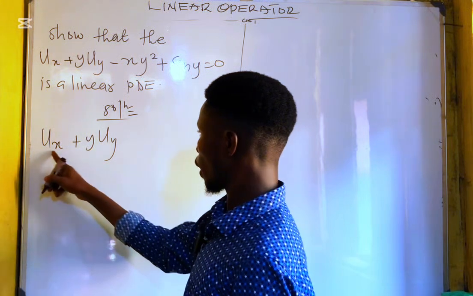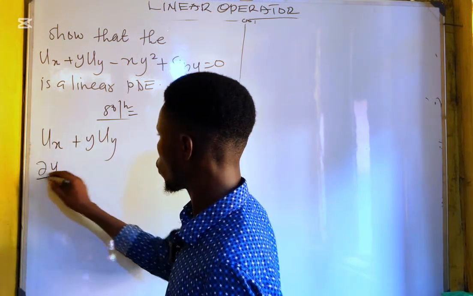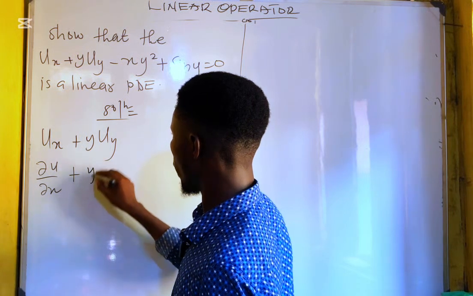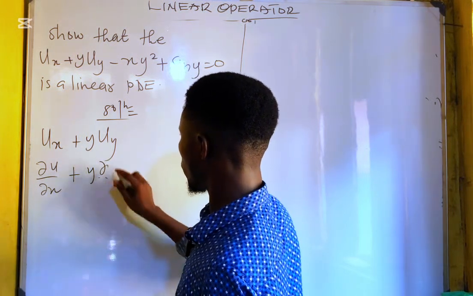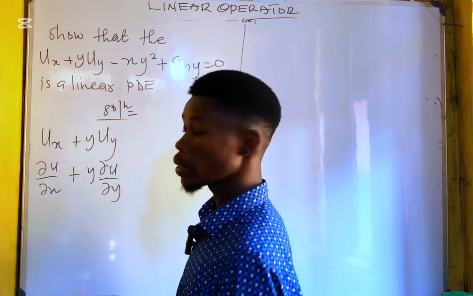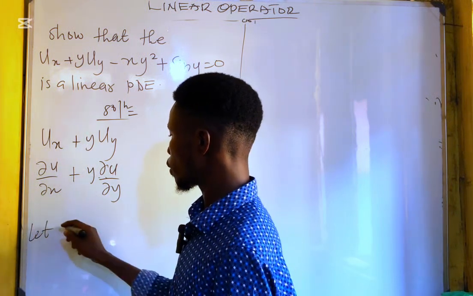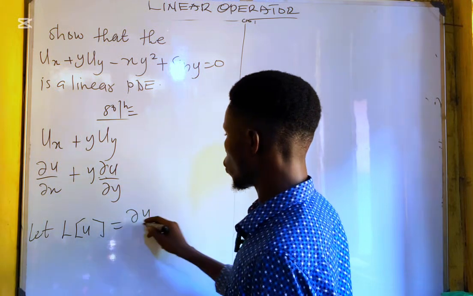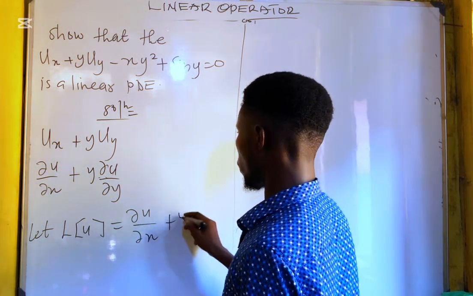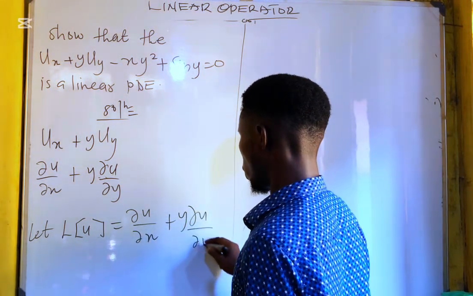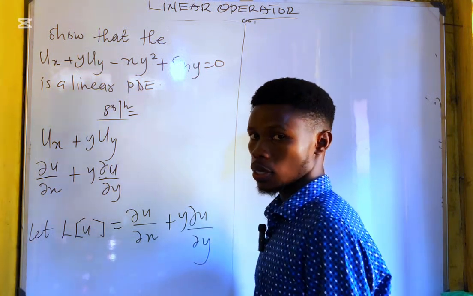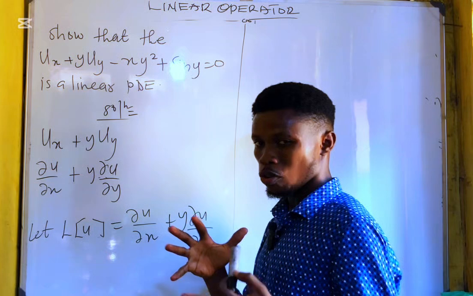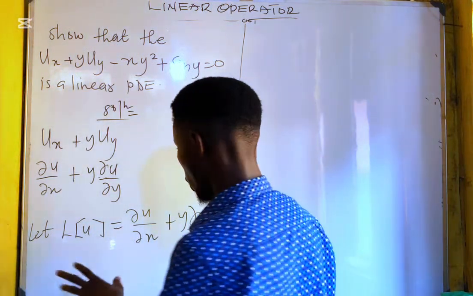Okay. Now this one can be written as delta u over delta x plus y delta u over delta y. Is that okay? So we say that let LU be equal to delta u over delta x plus y delta u over delta y. Now I want to use the combination property to prove the theorem.